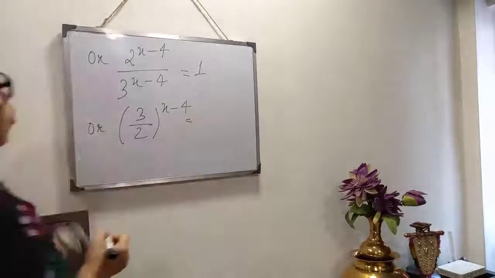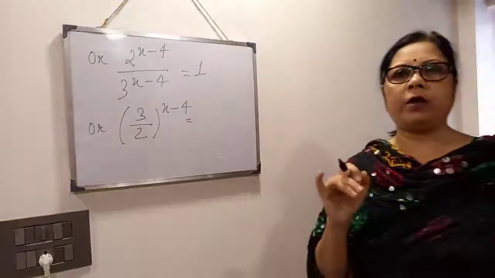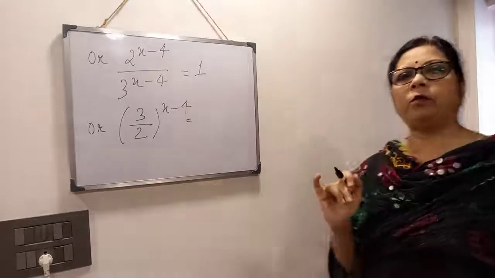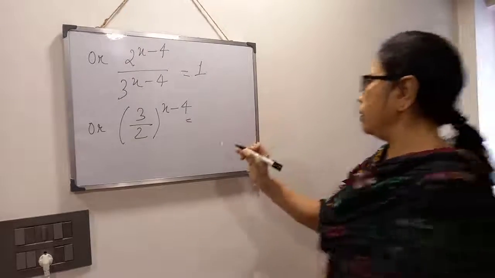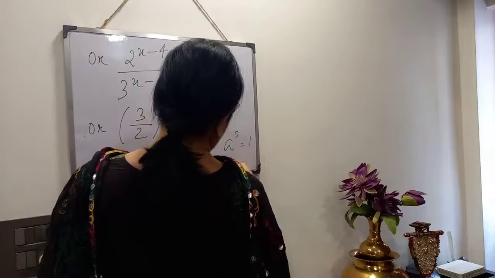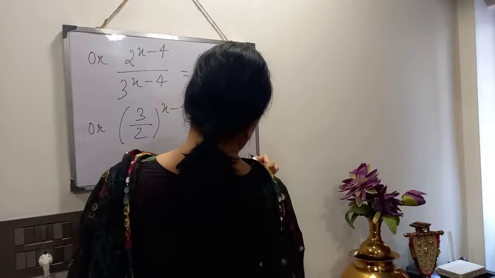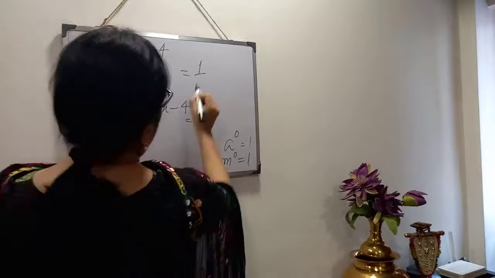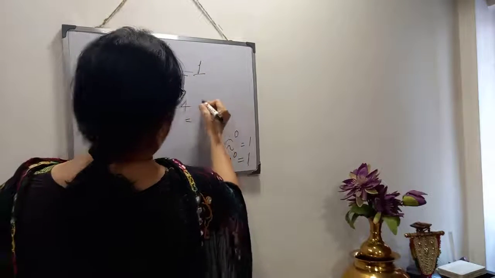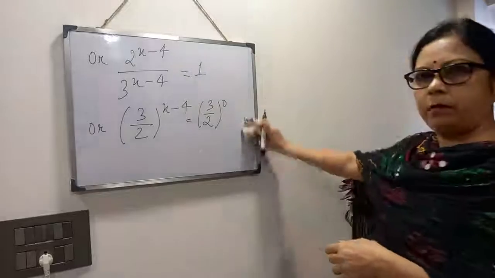Now see, 1. I have told you first day that any finite quantity to the power 0 means 1. So a to the power 0, its value is 1. M to the power 0, its value is 1. Any non-zero finite quantity to the power 0 is 1. So there is 3 by 2. So in place of 1, we can write 3 by 2 to the power 0. Clear?